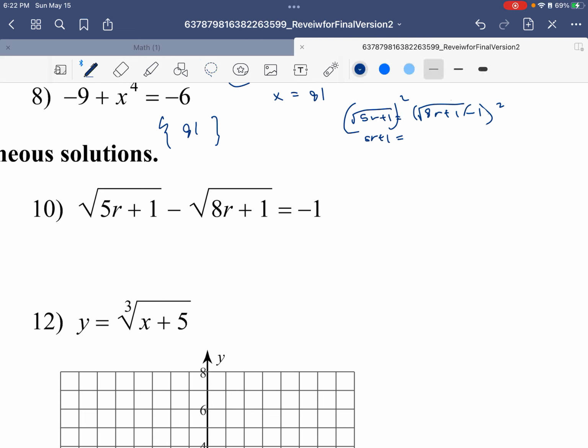Okay, so when the inside is negative, the formula is a squared minus 2ab plus b squared. So squaring the first one gets rid of that, and then 2ab, so minus 1 times this makes it minus, and 2 of that makes it minus 2 square root of 8r plus 1, and it's gonna be 1 plus 1, because minus 1 squared is plus 1.